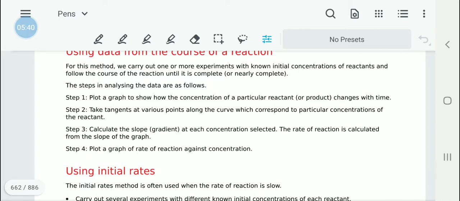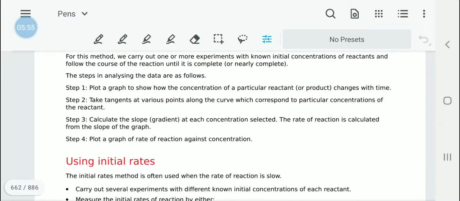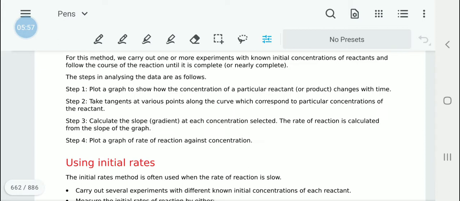If we have a reaction going on, and we know the initial concentrations of the reactants, and we follow the reaction until its completion, we can figure out what concentrations of reactants are left at the end. And as it progresses, we can take samples and figure out the amount of reactants present.